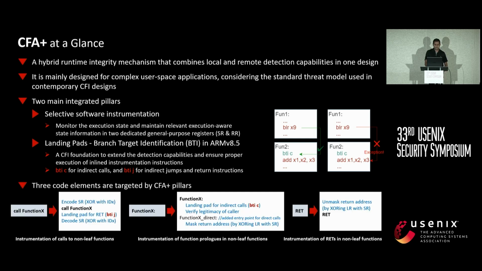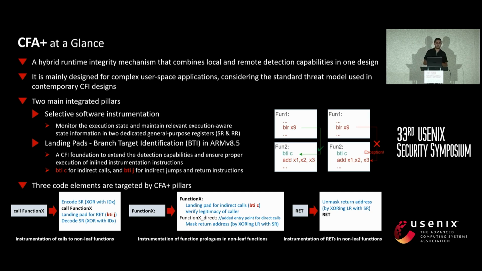In terms of positioning these two pillars in our instrumentation, we identified three code elements where we apply it. The first one is call instructions, and here we target all call instructions to non-leaf functions.